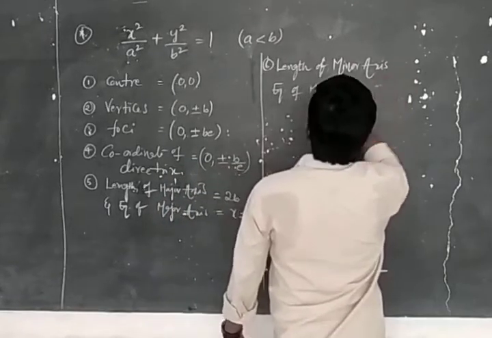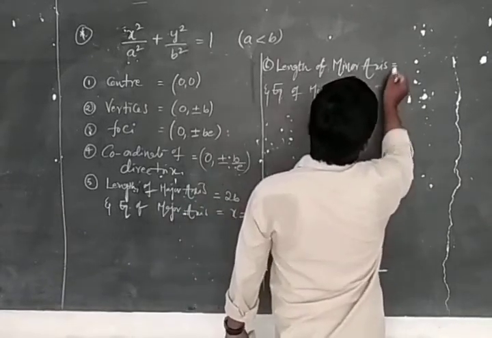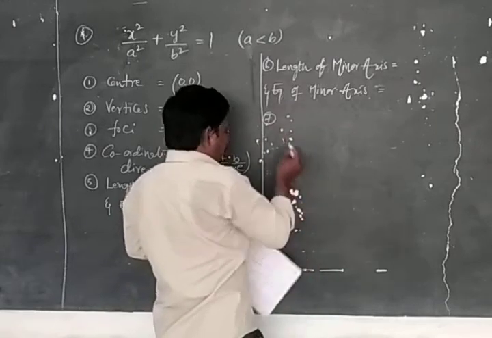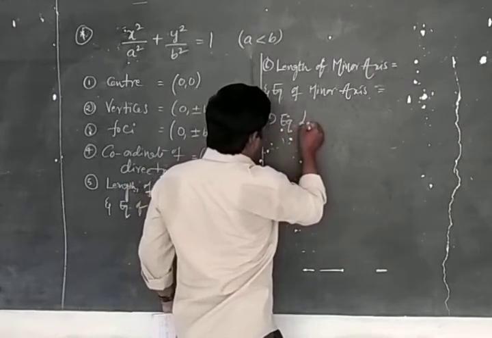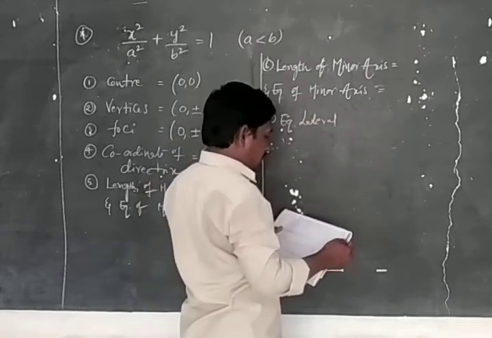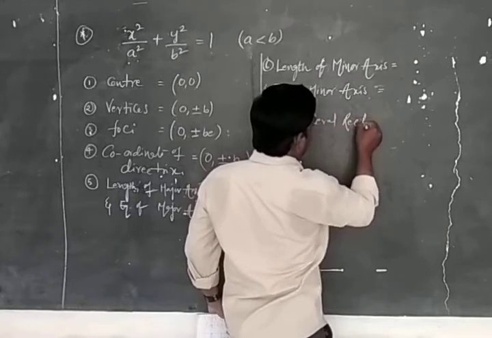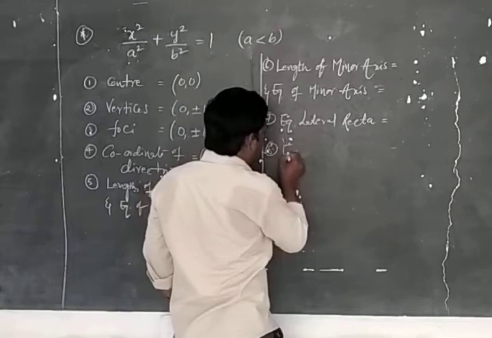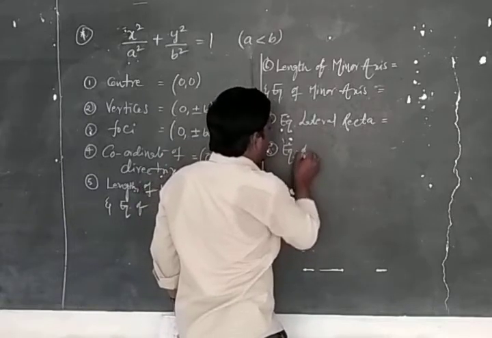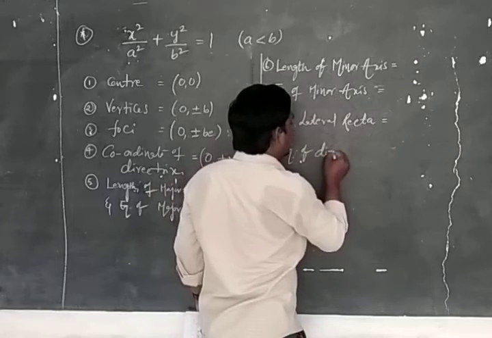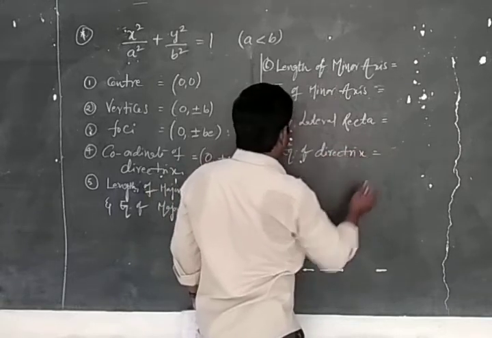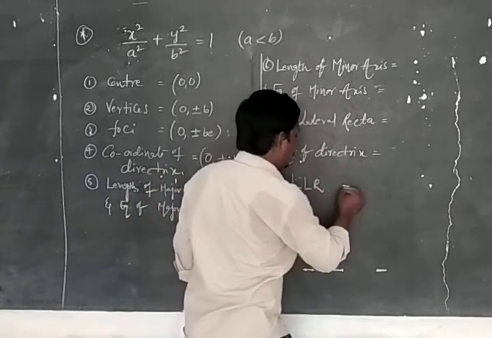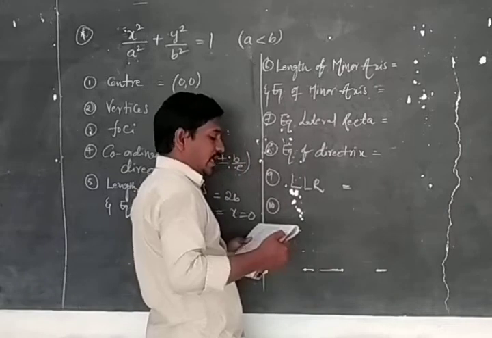Next, seventh one, length of latus rectum, equation of lateral recta, and eighth one, equation of directrix, and ninth one, LLR, and tenth one, eccentricity.